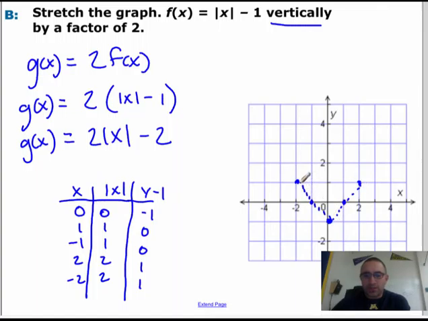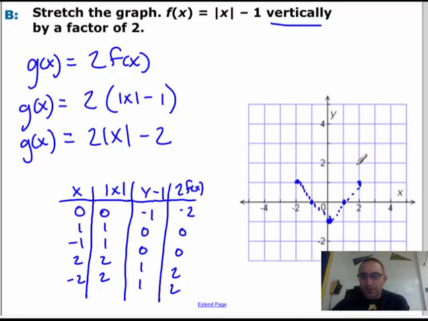And now I'm going to stretch this vertically by 2. So I'm going to take all of those y values and I'm going to multiply them by 2. So negative 2, 0, 0, 2, 2. Or I can multiply all these y values on my graph by 2. So here, here, here, here, here.